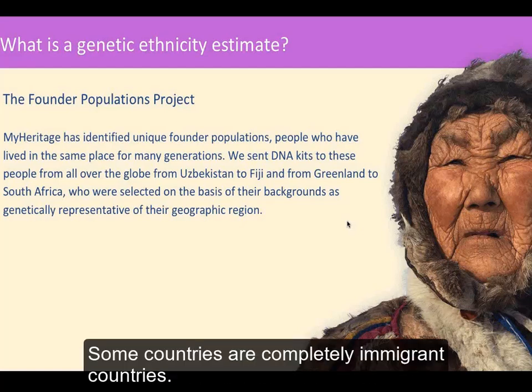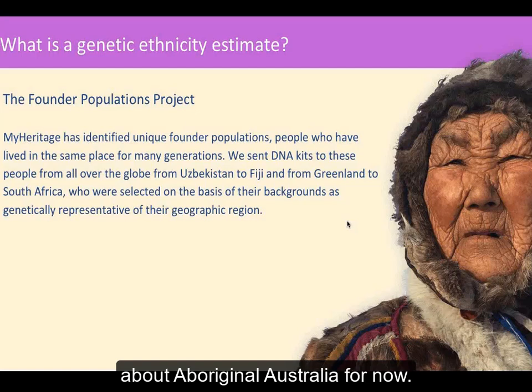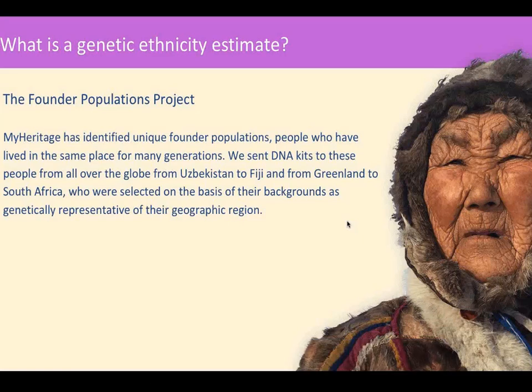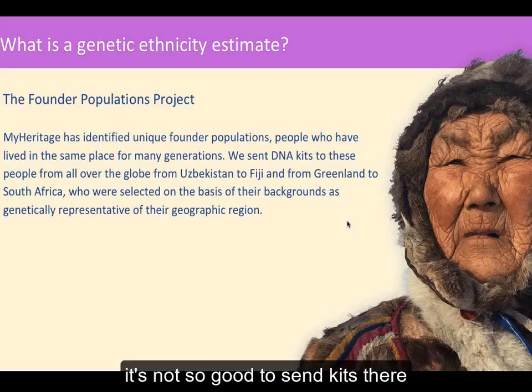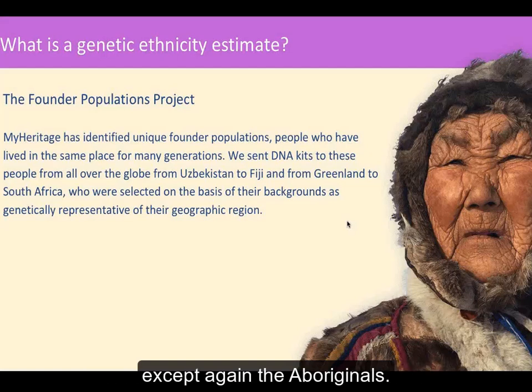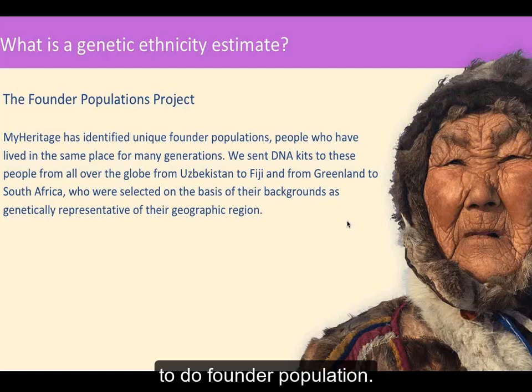Some countries are completely immigrant countries. For instance, Australia, and I'm not talking about Aboriginal Australia for now. I'm talking about, in apostrophes, the new Australia. It's not so good to send kits there because no one has Australian ethnicity except, again, the Aboriginals. So that's a country where we don't want to do founder population.